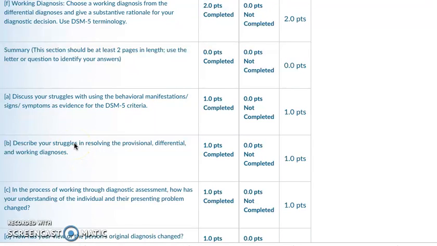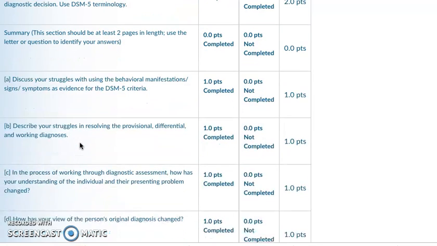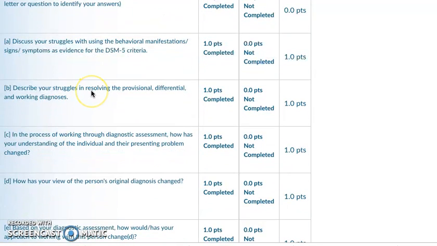And then you're going to discuss your own diagnostic process, like what you went through. So discuss your struggles with using behavior manifestations as evidence. What were some of the things you thought about? What is your thought process for your working diagnosis and your provisional and differential diagnosis?